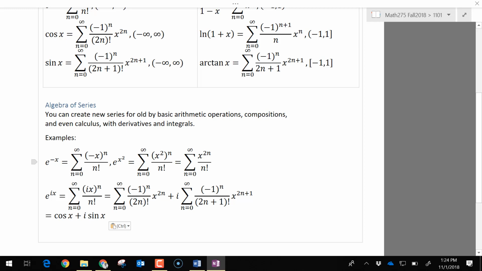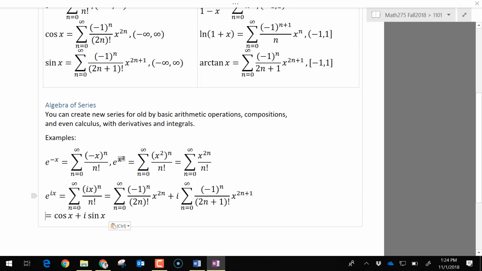So you can compose a couple of functions if you know the functions. If you know e to the x, then you can find out what e to the negative x is by putting negative x in for x. If you know e to the x, you can figure out what e to the x squared is by putting in x squared wherever you see x.